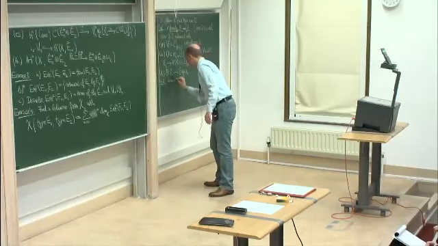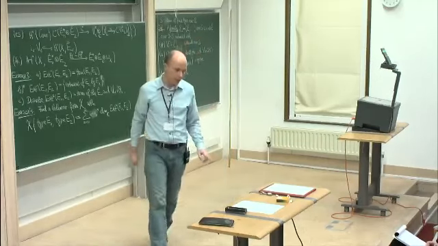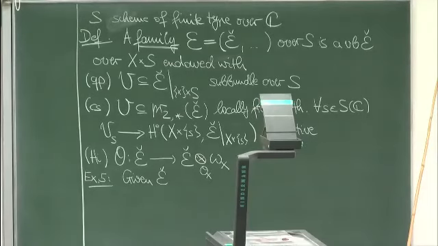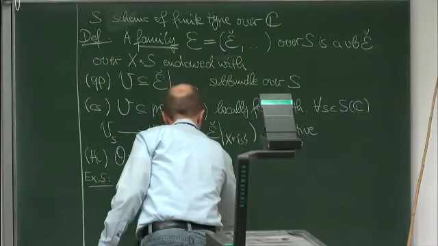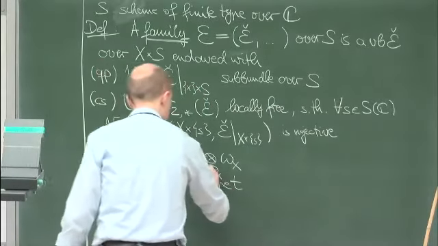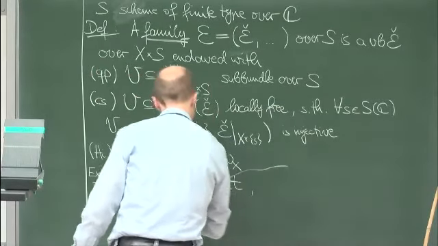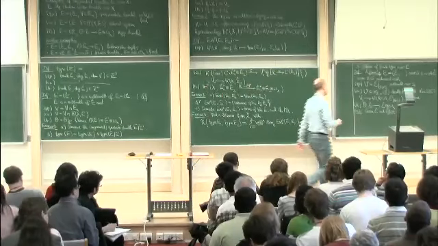So given the underlying vector bundle E check and the type T, the exercise is to construct a scheme of finite type.